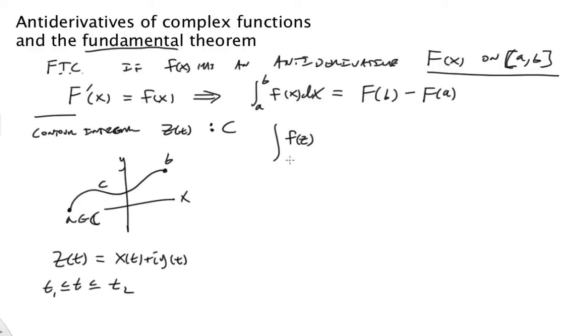Then we can rewrite the contour integral as the integral from t1 to t2 of f of z of t times z prime of t dt. So this is now a constructive way to actually compute this contour integral.